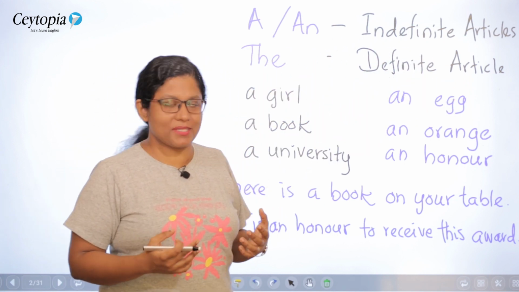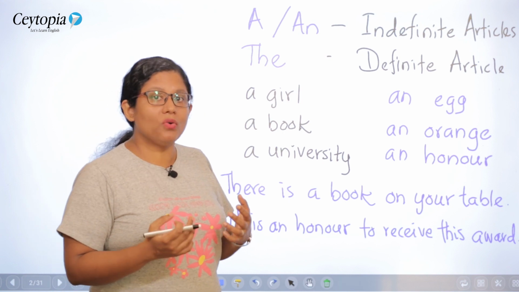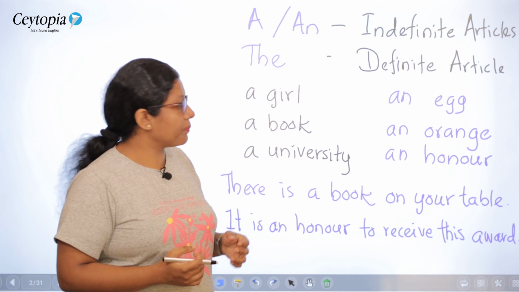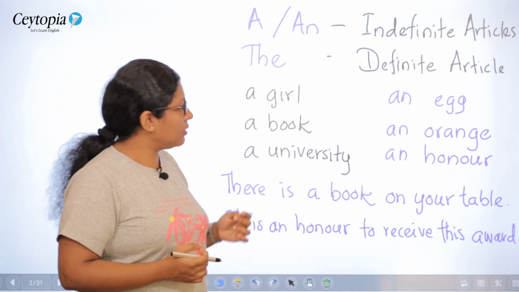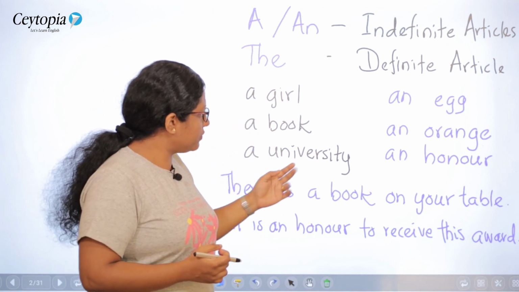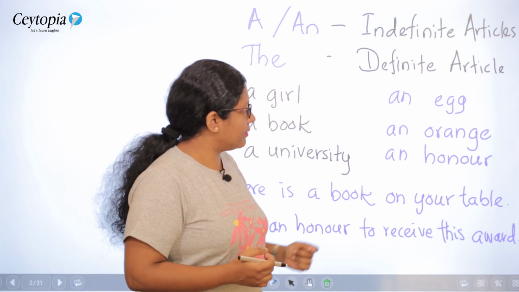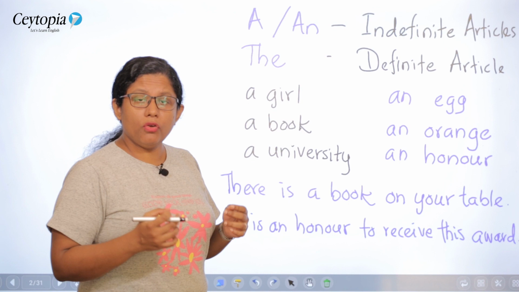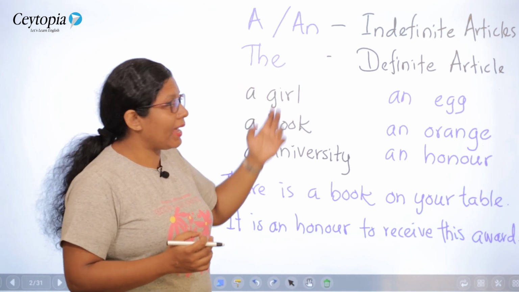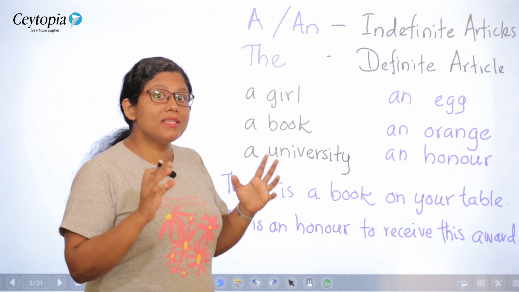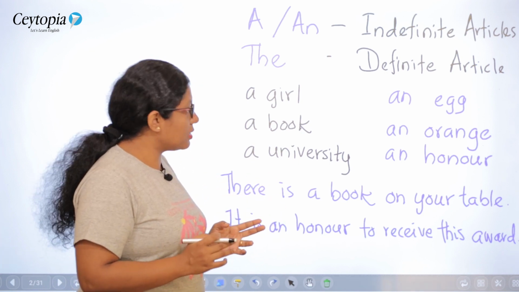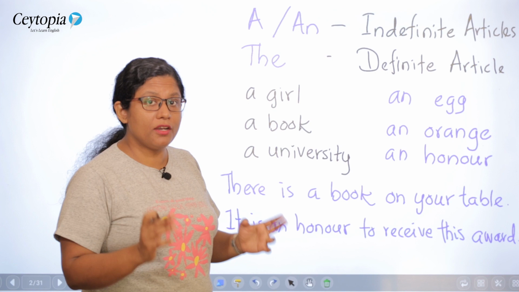What is the difference? First of all, we will look at a and an, the indefinite articles. A girl, a book, a university, an egg, an orange, an honor. You can see we use a and an with all the singular nouns, without a gender difference.